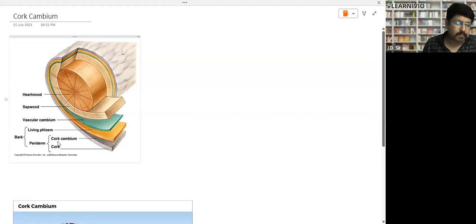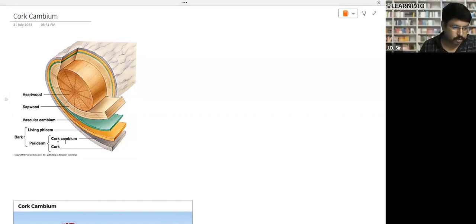This cork cambium will divide and add tissue on the outer side and inner side, and that's how it will increase the thickness of the bark.